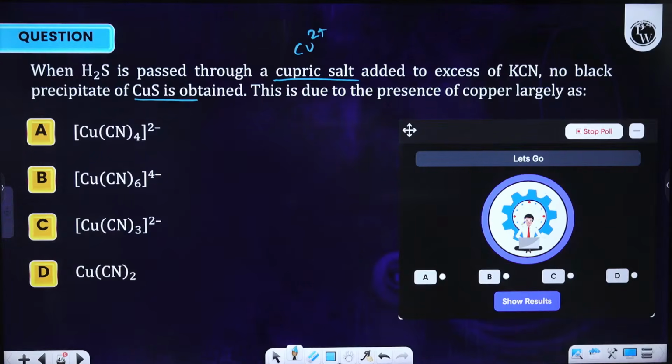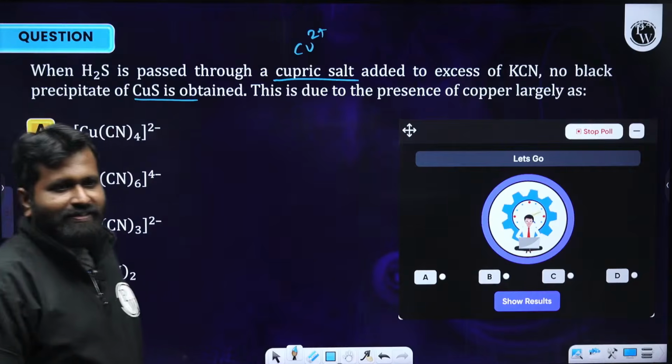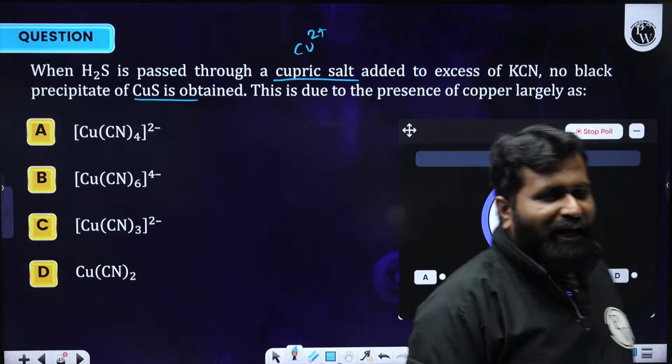Why is no black precipitate of CuS obtained? Let me check how many of you are able to tell the answer.